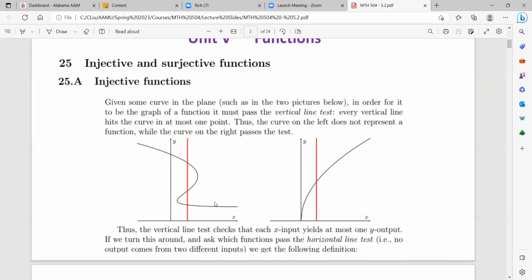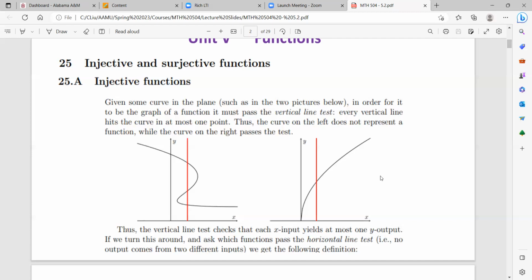For example, if you have two intersections of the curve with a horizontal line, that means for each of the y value, you have two different x values paired with it. So that's not one-to-one, that's two-to-one, right? So the horizontal line test checks whether the function is one-to-one or not.